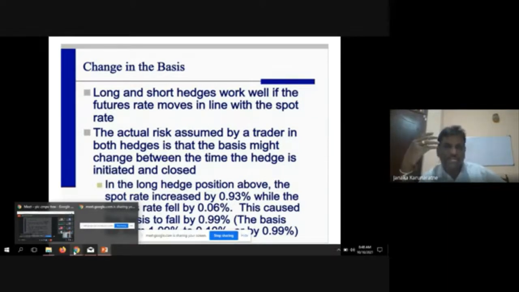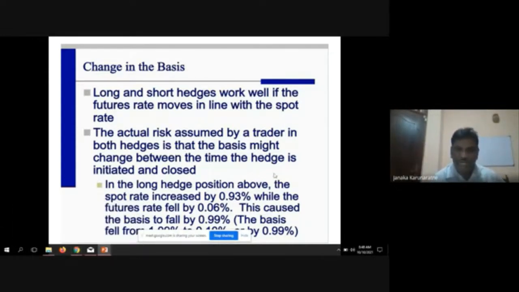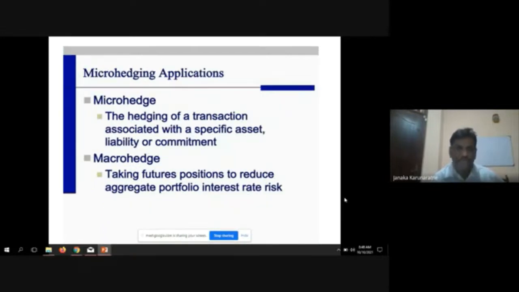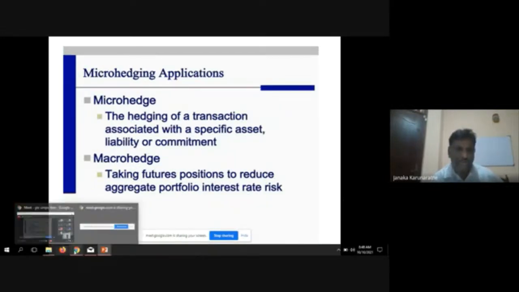So in the previous example, if you did not have any sort of a hedge, you would have ended up with a net interest income loss of $2,500. But it reduced to 1,700 something, right? So that is the objective. Okay. So let's move on to the next part, the micro hedging and macro hedging.